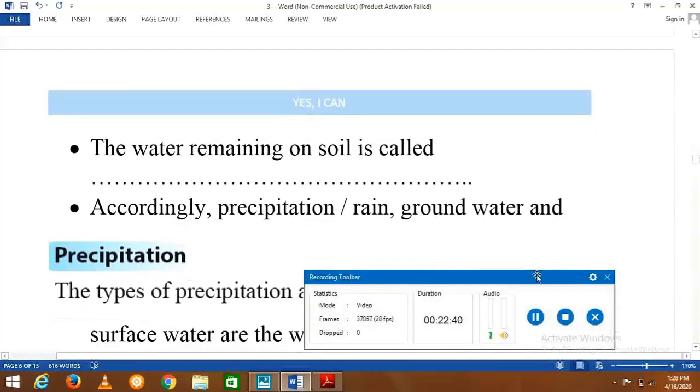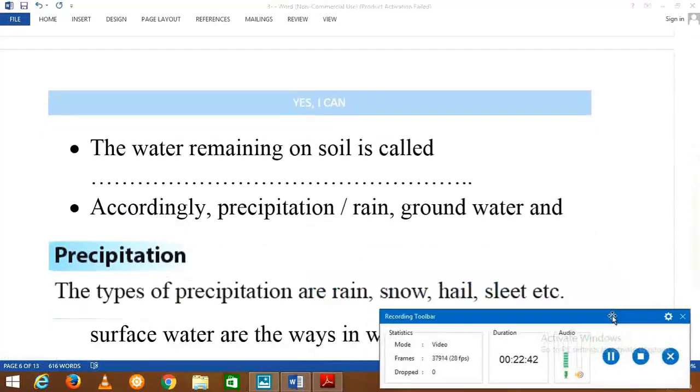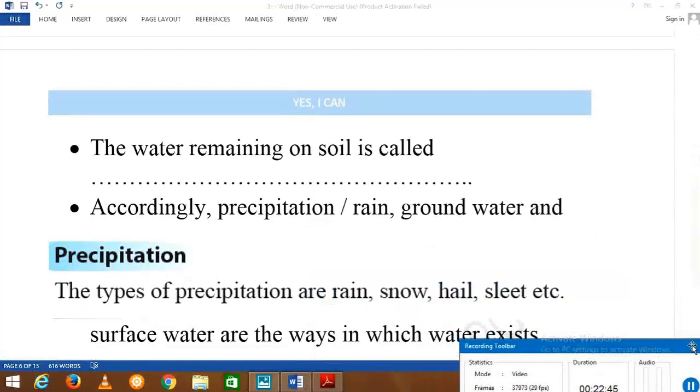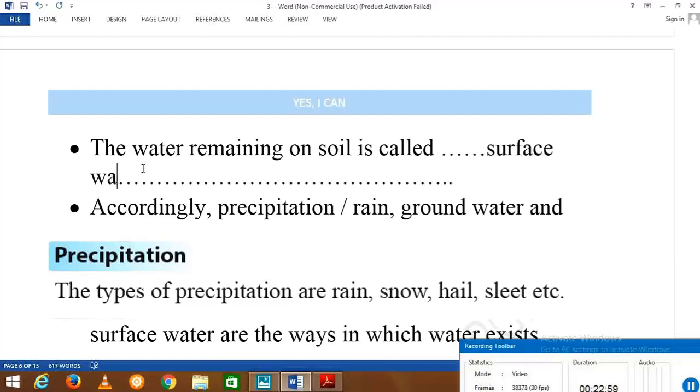Then the water remaining on soil is called surface water. Here it should be surface water.